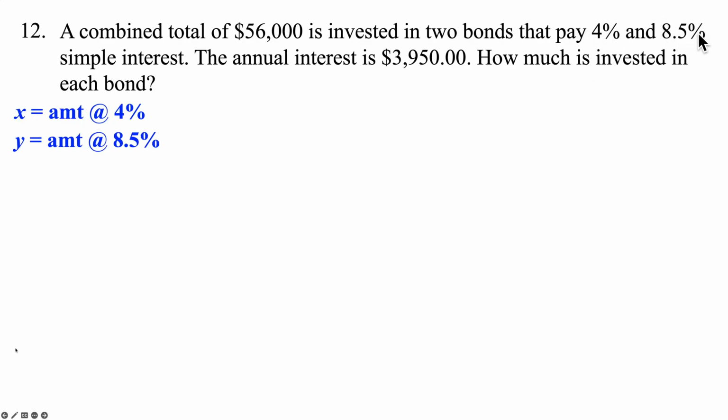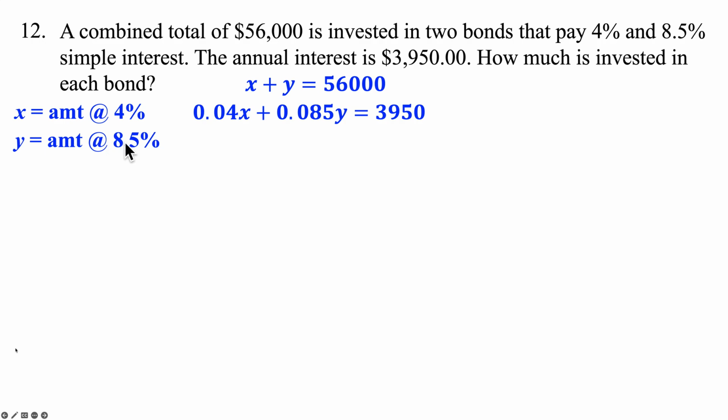Y will be the amount of the 8.5% bond. Now, how much did I totally invest? 56,000. So X plus Y equals 56,000. Then your second equation, you got to multiply the 4%, 0.04 times the X, 0.085 times the Y, and our total interest was 3,950. This would be your interest equation.